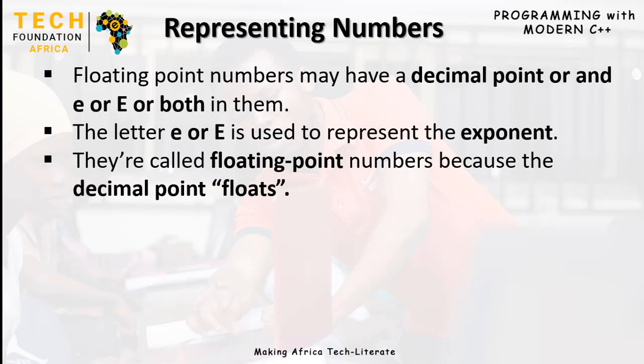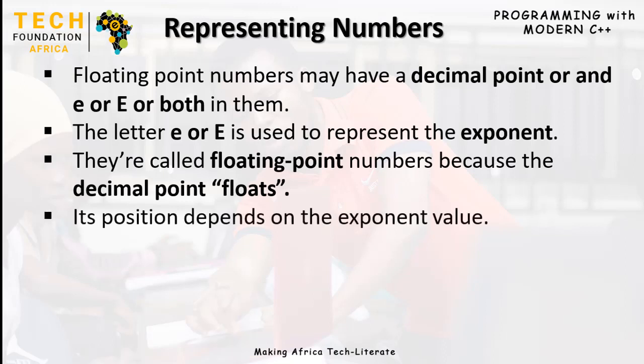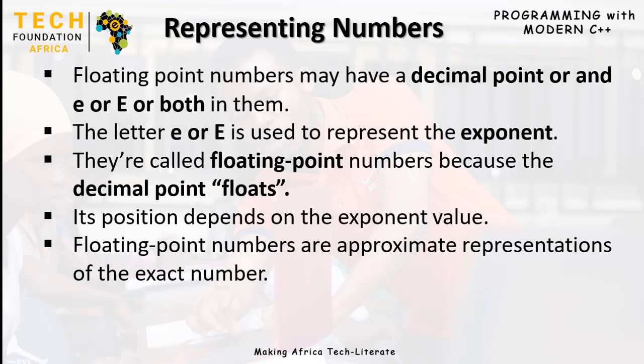Floating points in general are only approximate representations of exact values. For instance, remember that the value of pi is non-terminating. So if I say 3.142, for instance, that is an approximated value of pi.